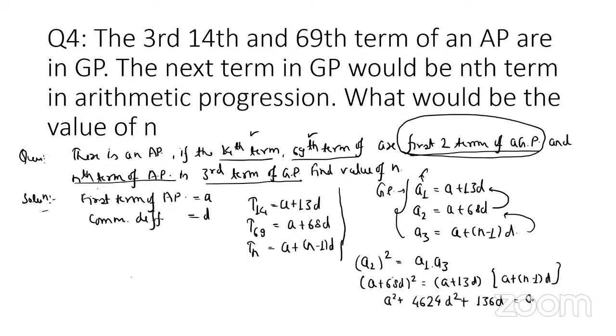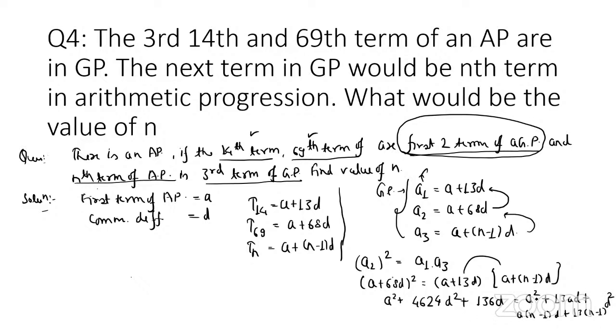If you multiply them, it should be A squared, then 13Ad, and then I can also say this is A into (n minus 1) d, plus 13 into (n minus 1) d squared. So this must be the result of this equation.